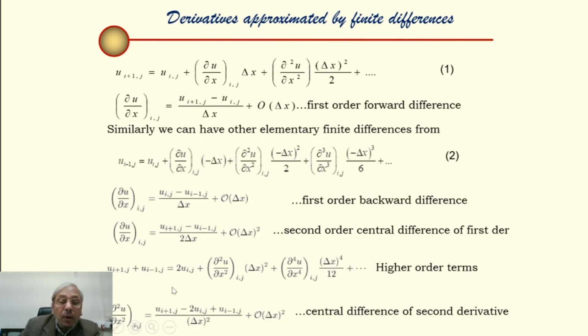This is the expression for the central difference of the second order derivative, and accuracy is of the order of delta x square.